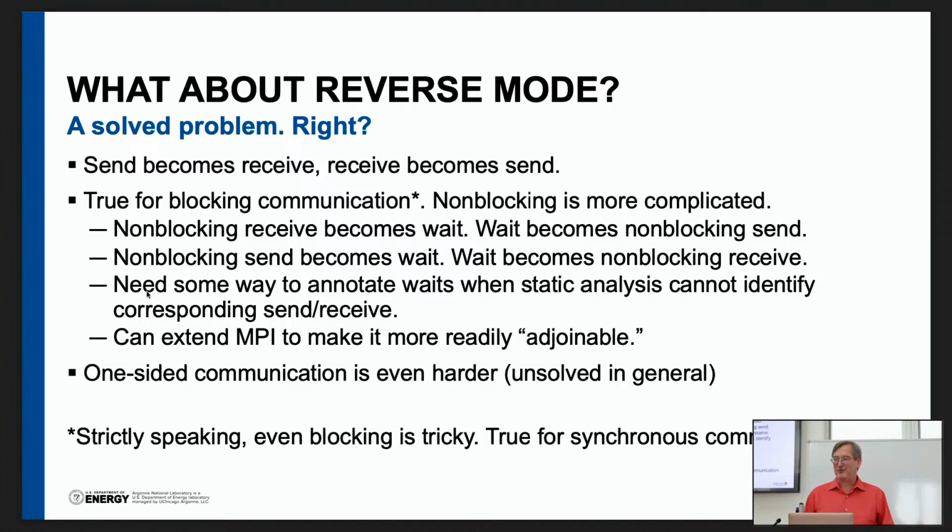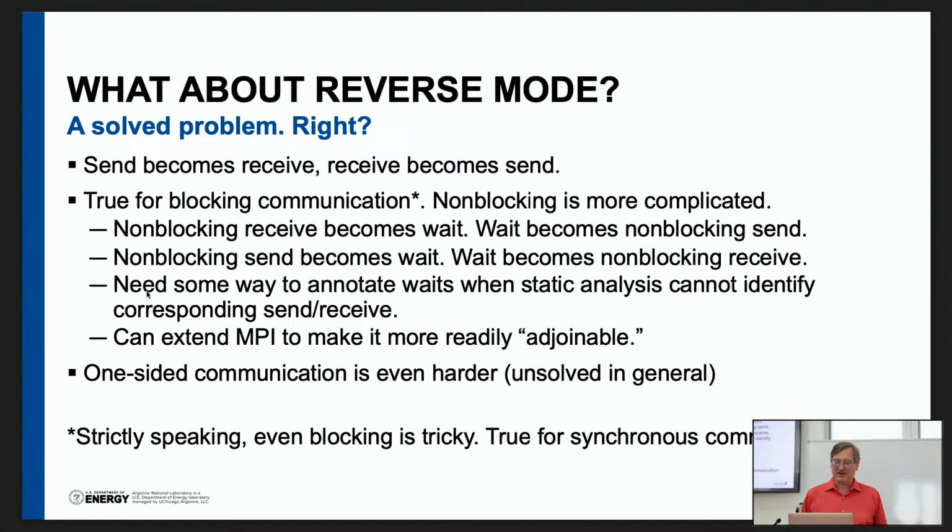That's great if you can actually figure out from your static analysis which waits go with which non-blocking operations, but in general that may not be possible, and so you can extend MPI to make it more readily adjoinable. And Michelle, I think, has some experience with doing that.